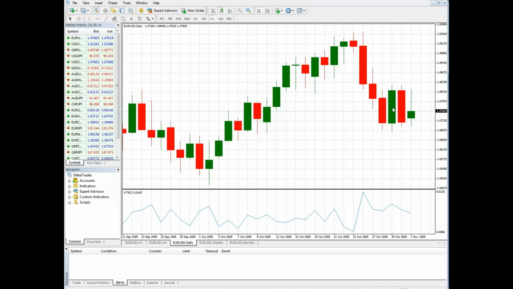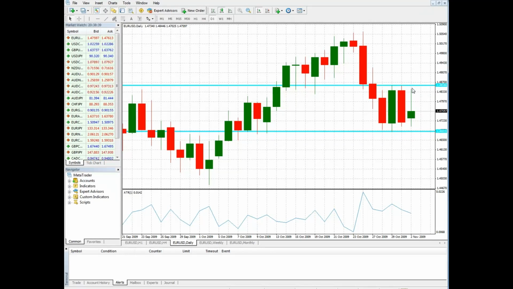Okay. If you're looking at the last, say, 3 days, not including the current day, take a look here. That's the highest high. That's the lowest low, basically. So that's the channel right there.